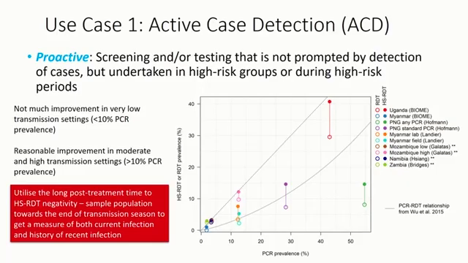So if you were to use HSRDT as a screening tool at the end of a transmission season, you're going to get more information than you would have with a conventional RDT, because you're picking up current infections, but also some measure of recent infections. So it's going to tell you a little bit more about how much transmission is happening now and what's happened during the transmission season. That could be quite a useful application of this test.